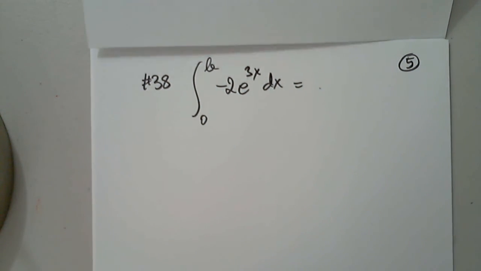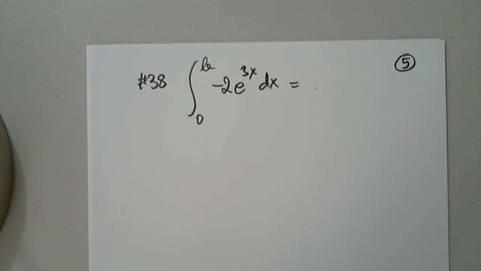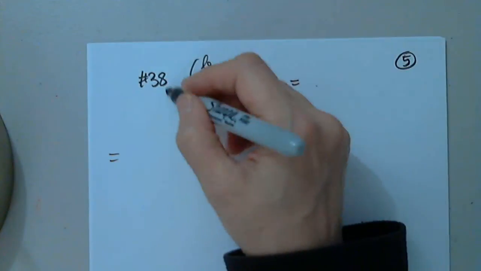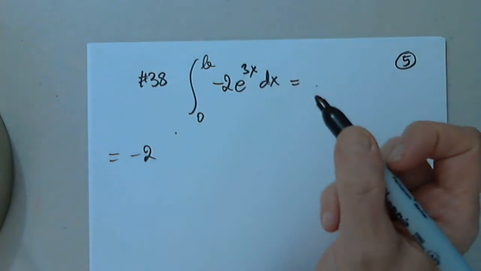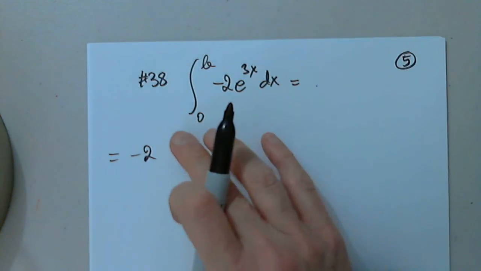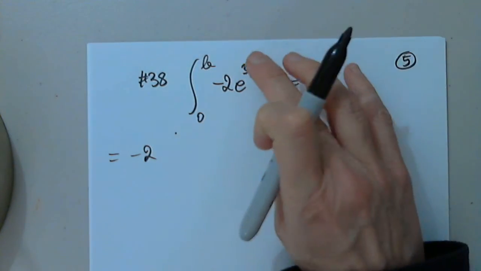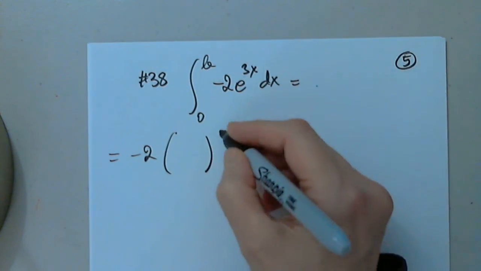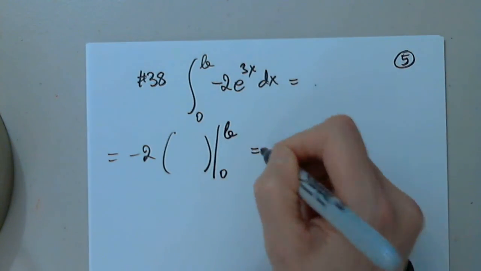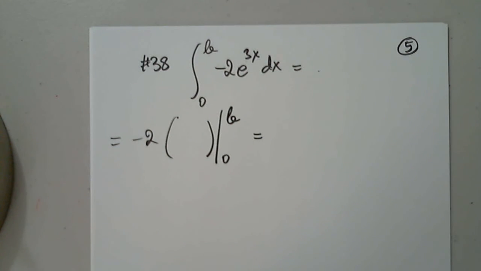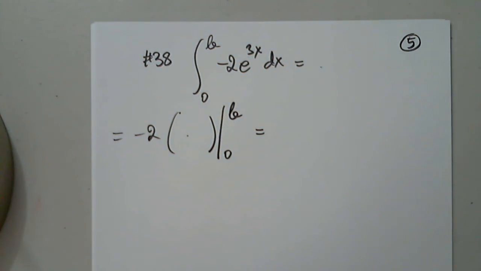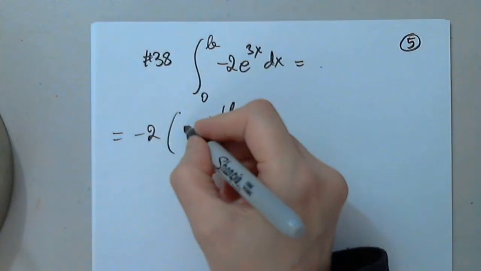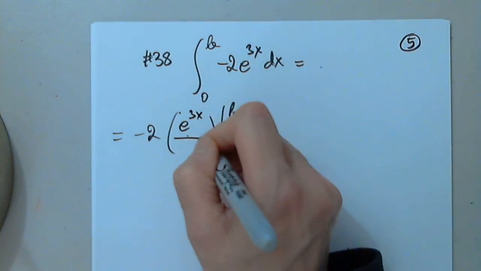Perfect. Okay. Of course, negative 2 is a factor that comes out. So now we're asking ourselves, what function prime is e to 3x? From 0 to b. Would be e to 3x divided by 3. Thank you very much. Awesome.